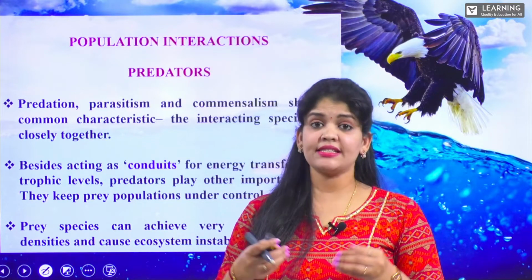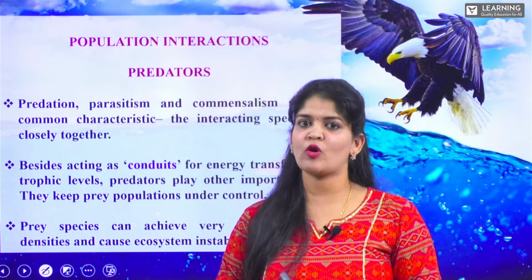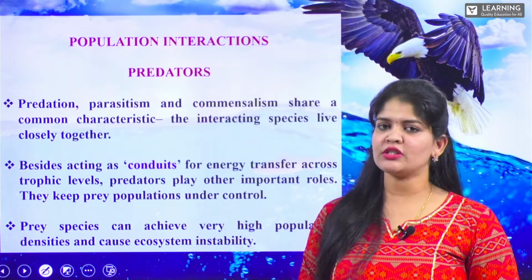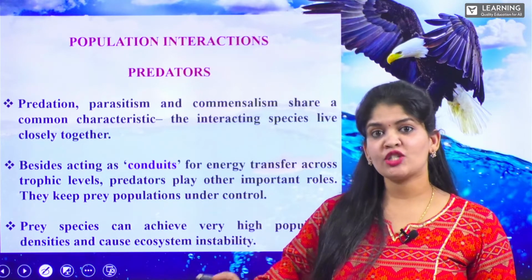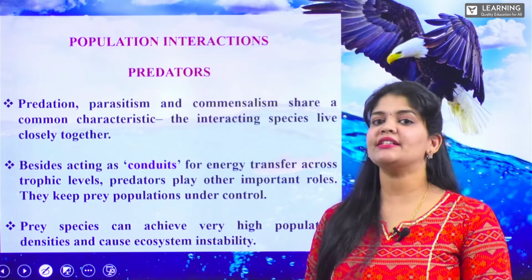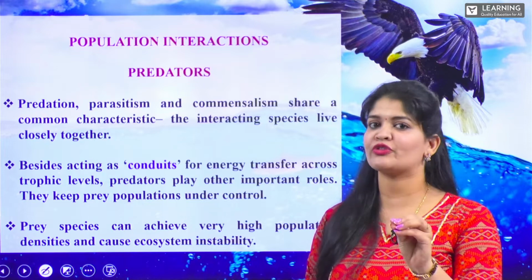There are many important roles performed by the predator in this relationship. If there are no predators, then the population of the prey is going to increase a lot. That means predators are very important to keep control of the population of prey.